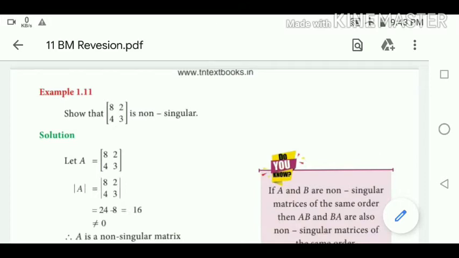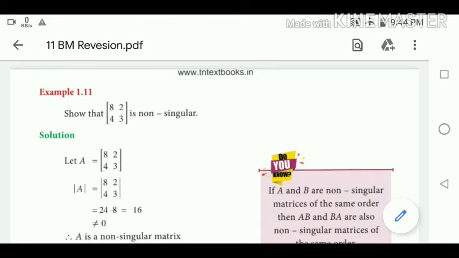Example 1.11. Show that the determinant 8, 2, 4, 3 is non-singular. In order to find whether the matrix is singular or non-singular, first find the value of the determinant. Here let A equal 8, 2, 4, 3.